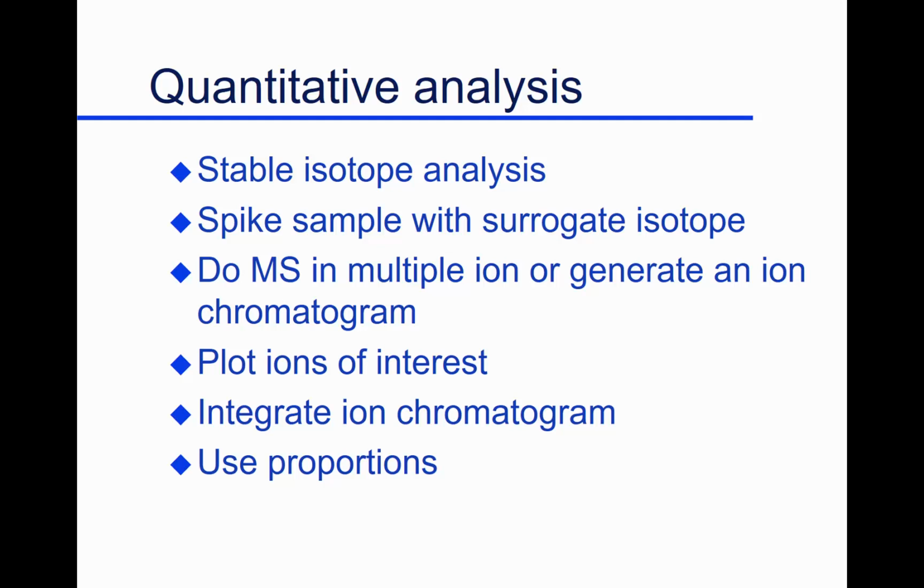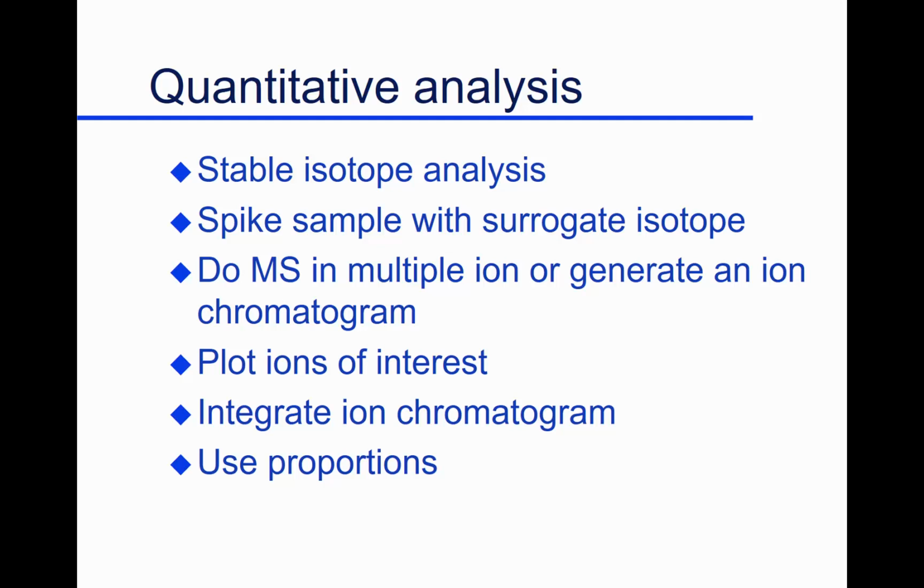When we want to quantify something, again, in our particular field, but it can be any other field as well, it's really nice to have a system based on a stable isotope. And I'll show you how a stable isotope is useful. It's your internal standard, essentially. And like I say, I'll give you an example of that coming up in a minute. So you'll take your sample, you'll spike it with an isotope of what you want to measure.